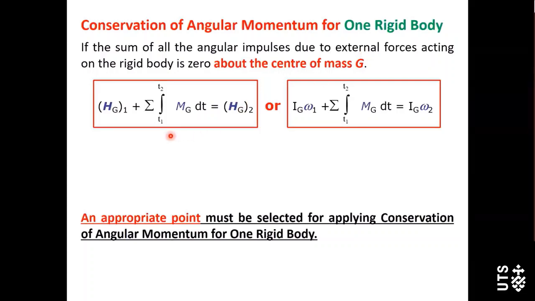Starting from the principle of angular momentum, if the sum of all the angular impulses due to external forces acting on the rigid body is zero about the mass center point G, the angular momentum of the rigid body about point G should be constant. So here, Hg1 should be equal to Hg2.